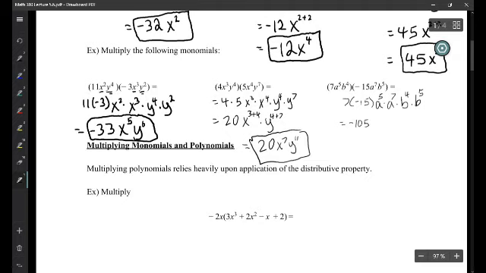And then a to the 5th times a to the 7th is a to the 5 plus 7. And then b to the 4th times b to the 5th is b to the 4 plus 5. And then we get negative 105, a to the 12th, b to the 9th.